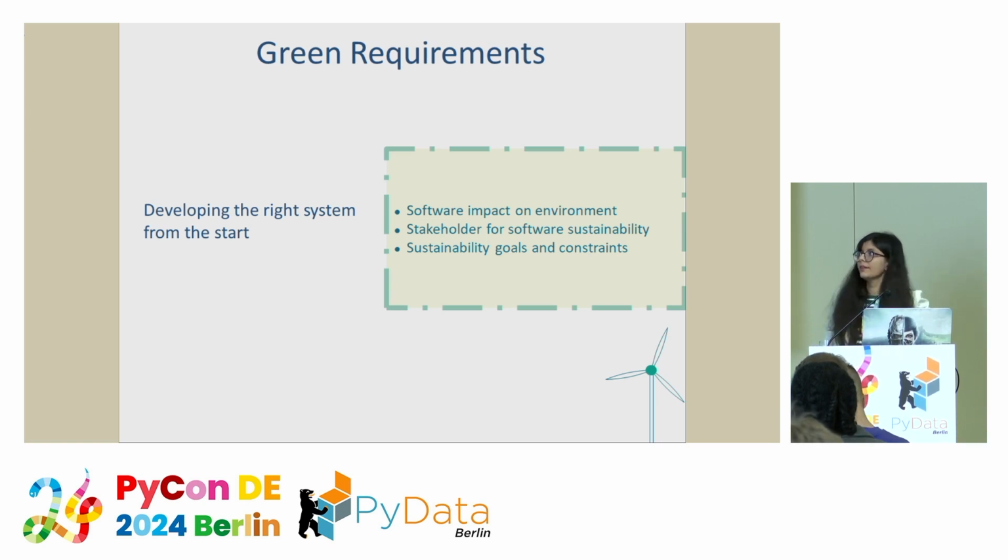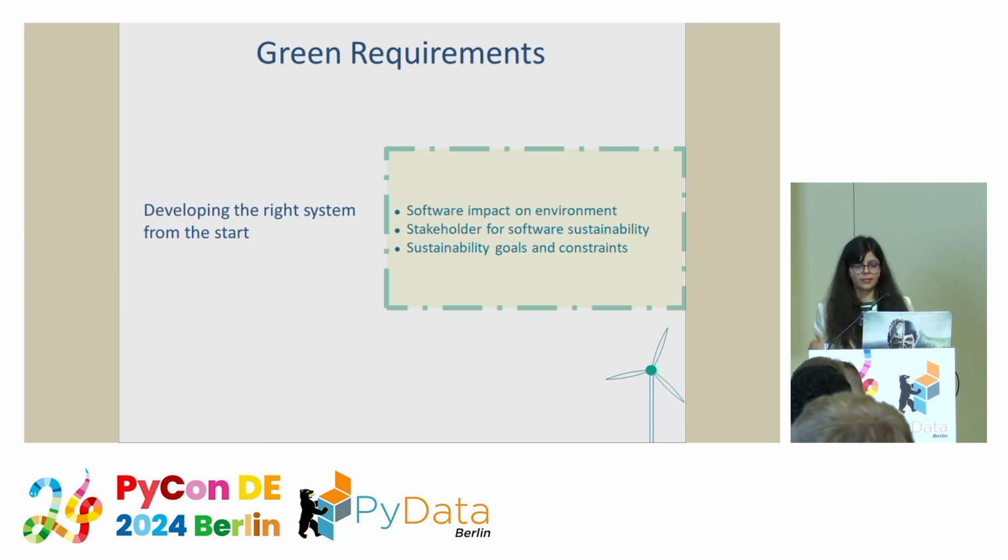Now, to convert requirement engineering into green requirement engineering, the first and easiest thing we can do is look for a green stakeholder. Who is the green stakeholder? A green stakeholder is someone who has some information or knowledge about the environment, who can understand and analyze how our requirements are going to impact the environment. How do we do it?